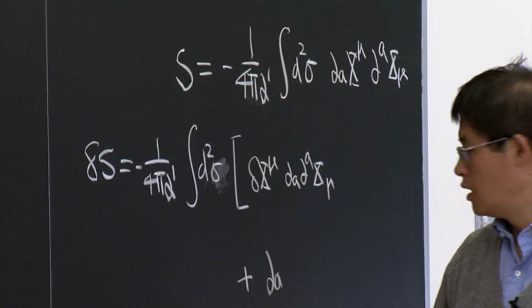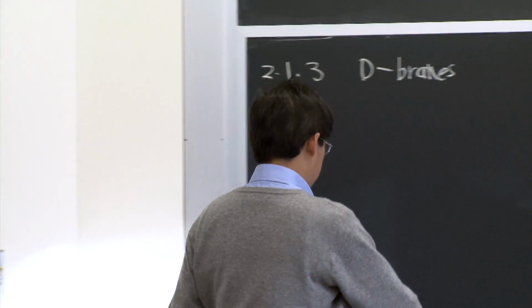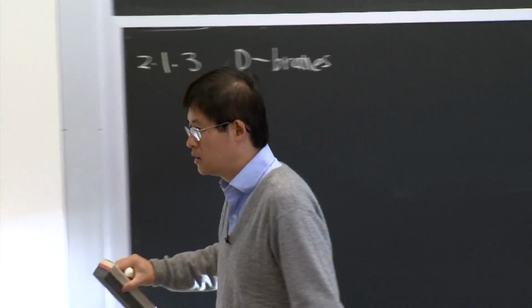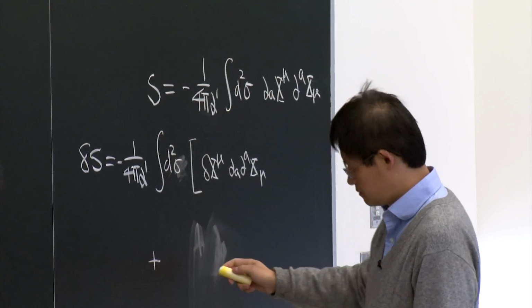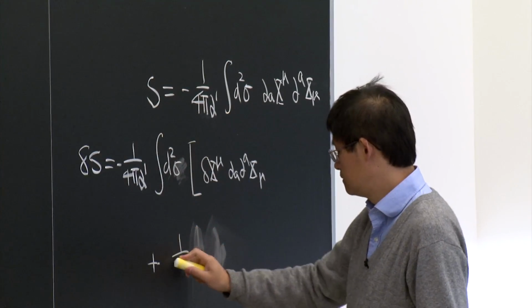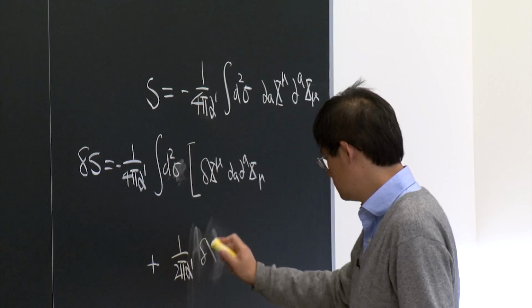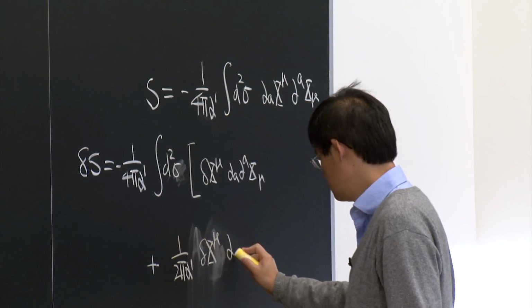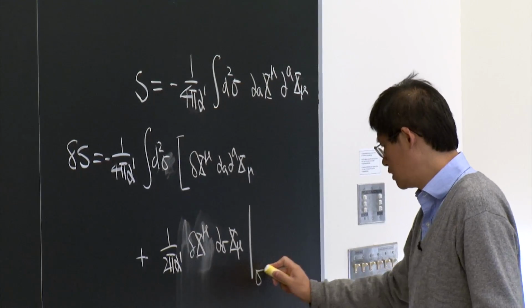The total derivative term will induce a term on the boundary if you have an open string, at sigma equal to 0 and pi.